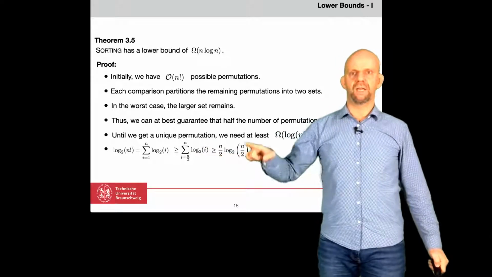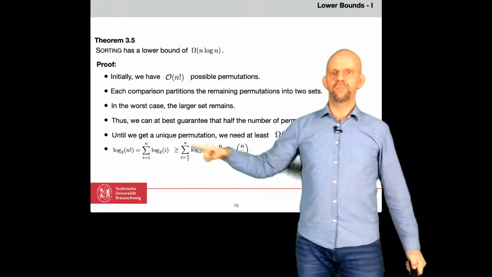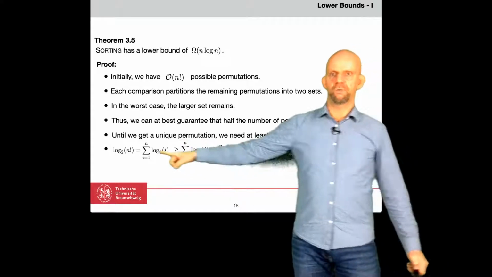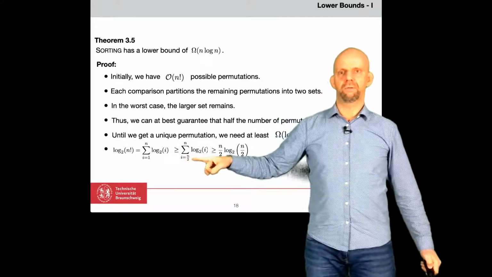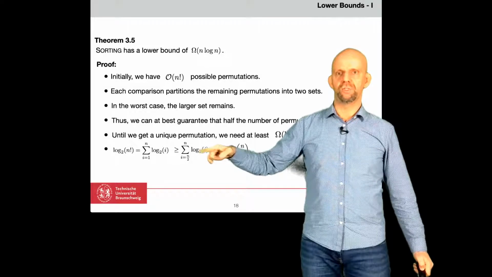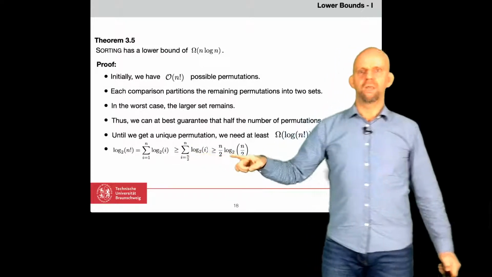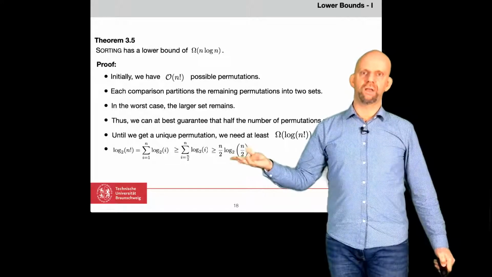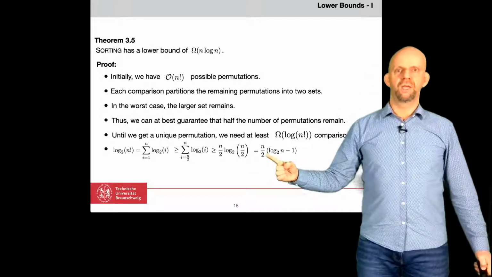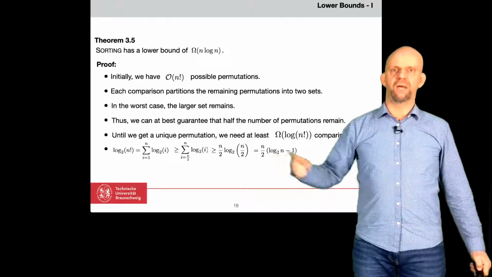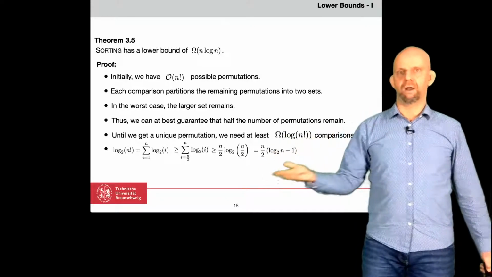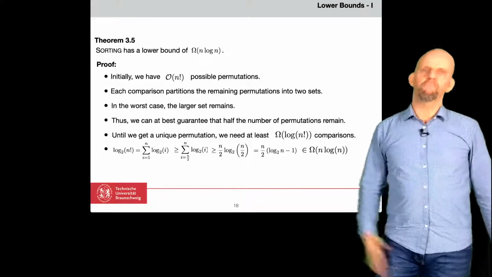So if you put an n over 2 here, you get something which is definitely not bigger than that. So make something smaller, replace all those by n over 2. Then you get n over 2 times log n over 2. And that's n over 2 times the log of n minus 1. And when you look at that, you see easily this is theta of n log n. Bang, here you go. Easy.